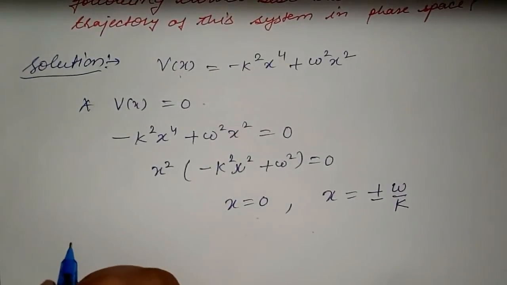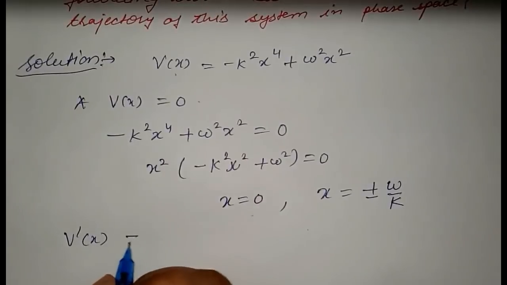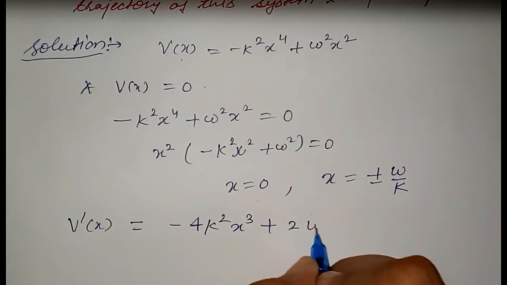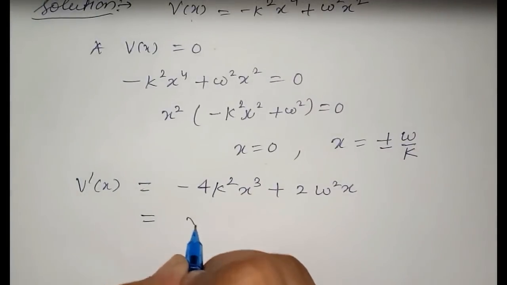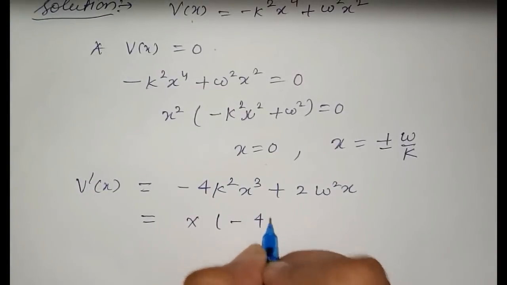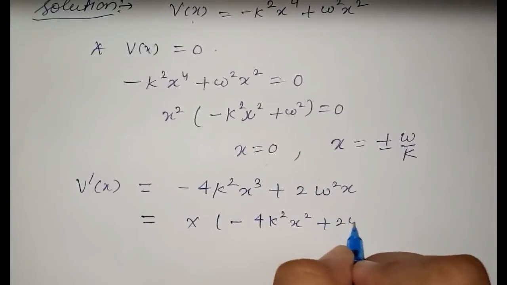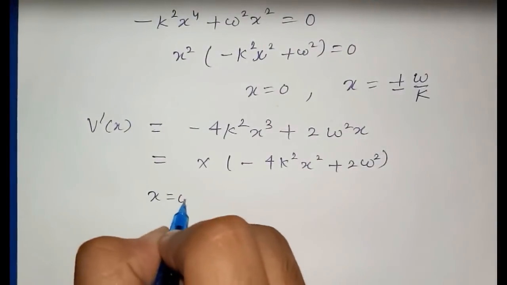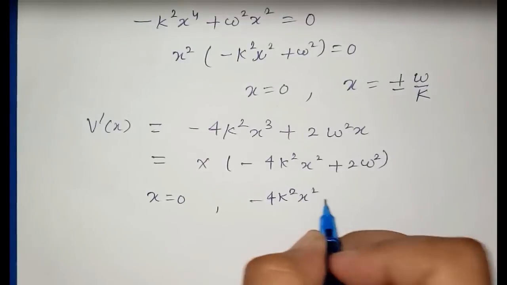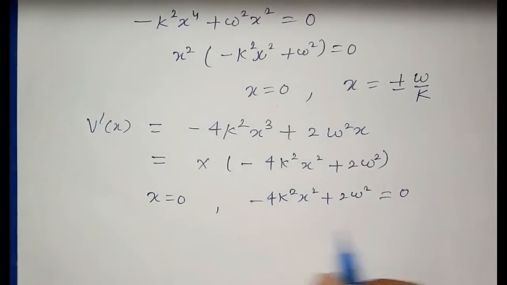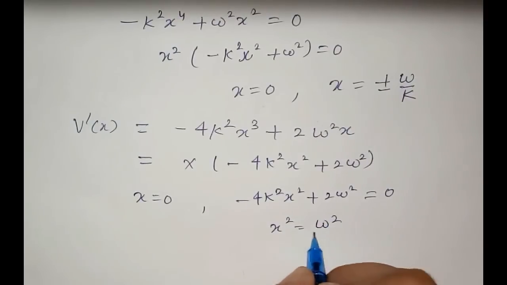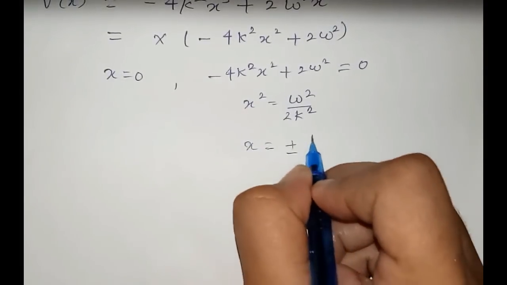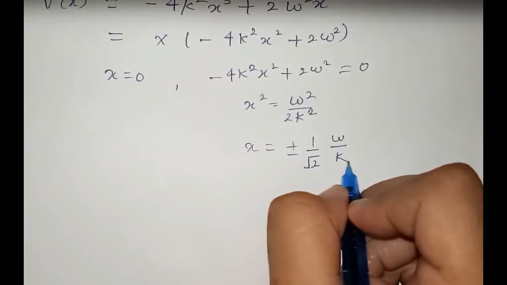Now the derivative of V, V dash x equal to minus 4 k square x cube plus 2 omega square x. x is common from here, and minus 4 k square x square plus 2 omega square. Again x equal to 0 and minus 4 k square x square plus 2 omega square equal to 0. x square equal to omega square upon 2 k square. The value of x equal to plus minus 1 upon root 2 omega upon k.